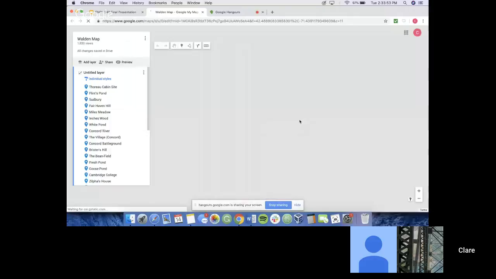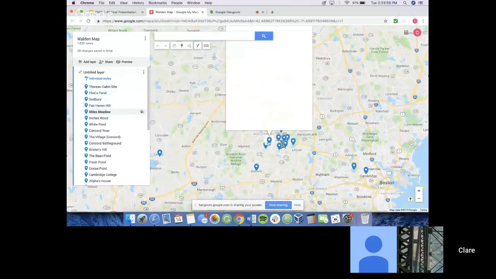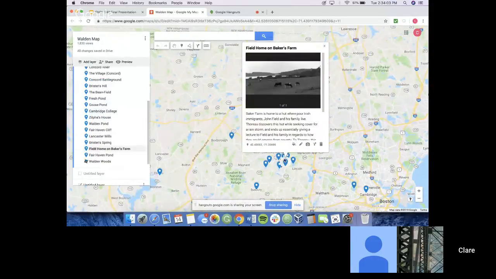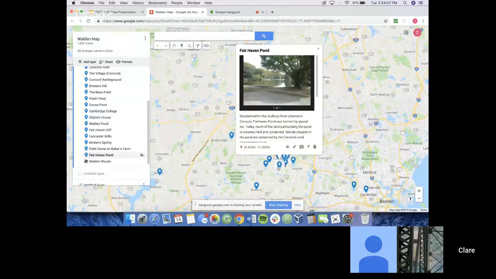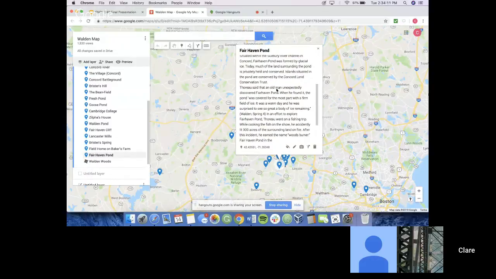This is our actual map, and we embedded a link to it. It is pretty straightforward. Most of the comments are kind of extensive, and it's more of a thing to go in on your own and read through them.